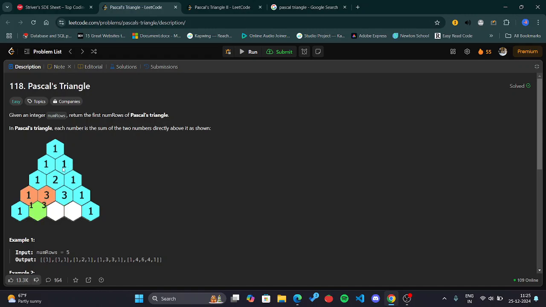So it will be just 0 plus 1, and the first number is always 1. And the last number is also always 1. That is, the leftmost corner has 1 and the rightmost corner also has 1. So it's simple, we just have to do a brute force because it's just the addition of the previous row.